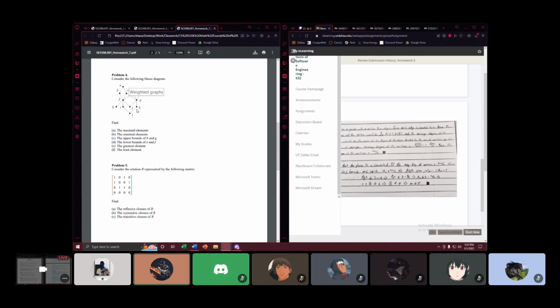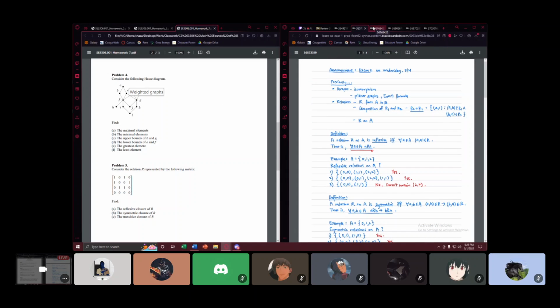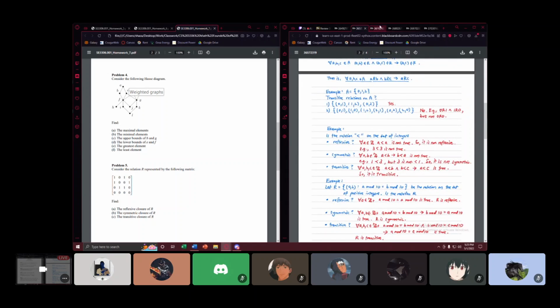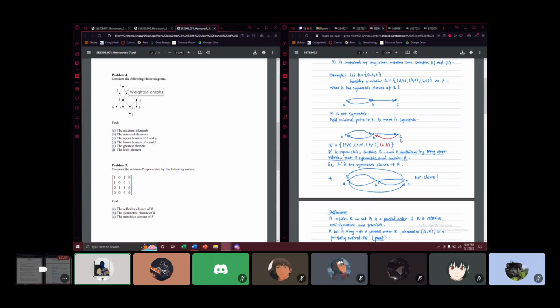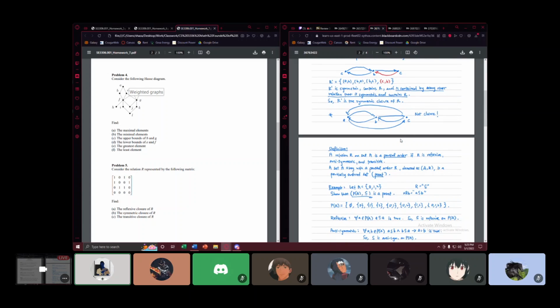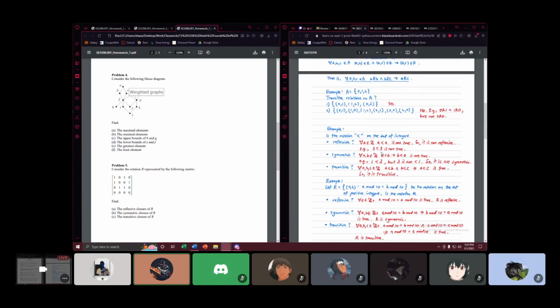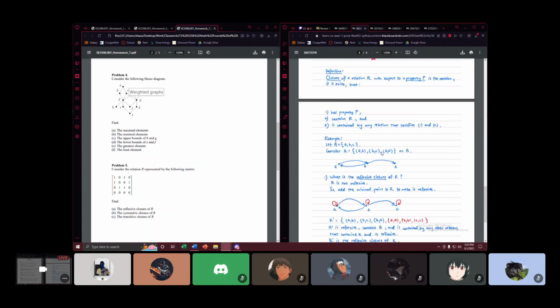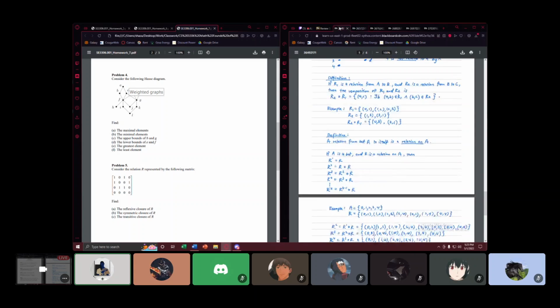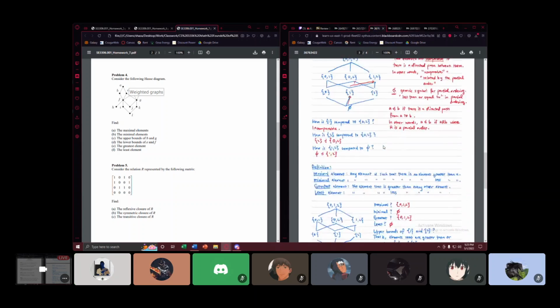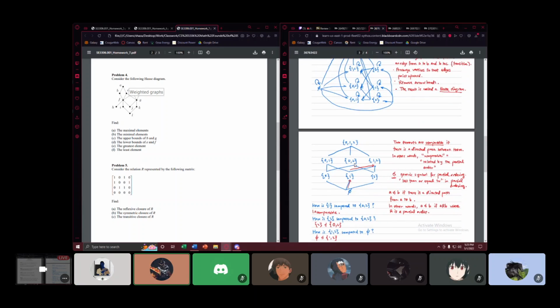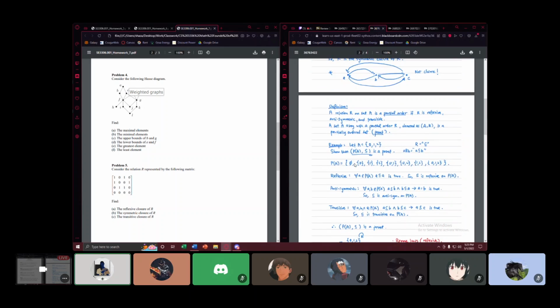What is the Hasse diagram? I think he has it in the notes, the second one on relations. The Hasse diagram just kind of makes it simpler.